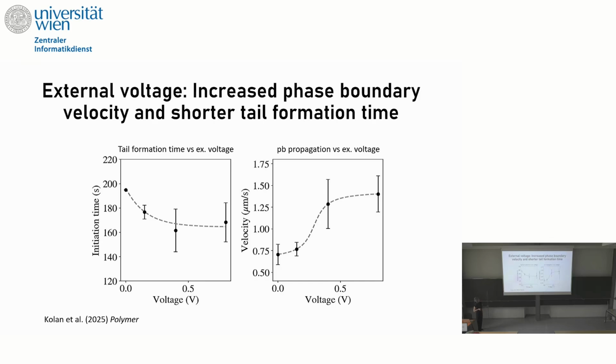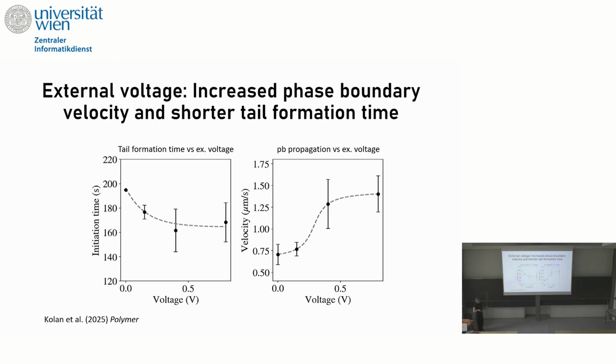We wanted to see how external voltage values affect the phase boundary propagation. As we increased the voltage value, we saw an increase in the phase boundary velocity, which makes sense because we are accelerating the calcium ions into the gel.